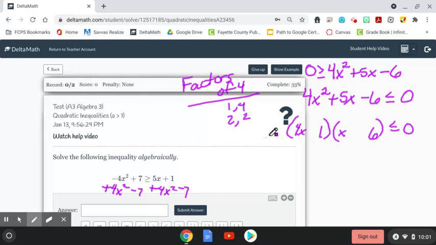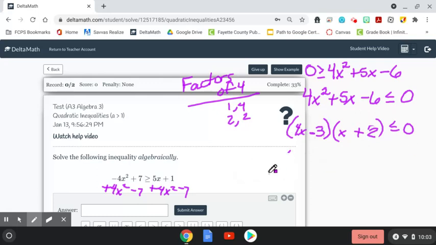Okay, so let's try 2 and 3 again. All right, so now I have 4x times x to be 4x squared. 3 times 2 is 6, and then a 3x and an 8x could combine to be 5 if the 8 is positive. So 4x minus 3 and x plus 2.